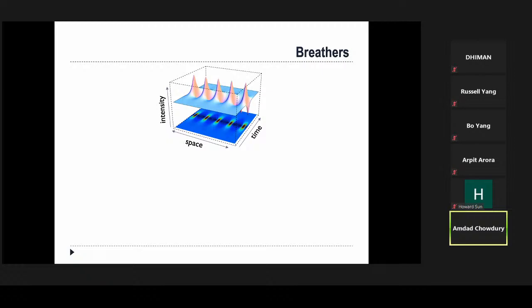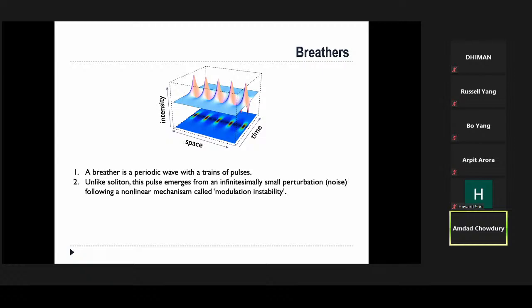This is called a breather, or sometimes people call it a train of pulses. And unlike a soliton, this pulse emerges from the unstable property of the medium, which simultaneously grows this kind of wave.